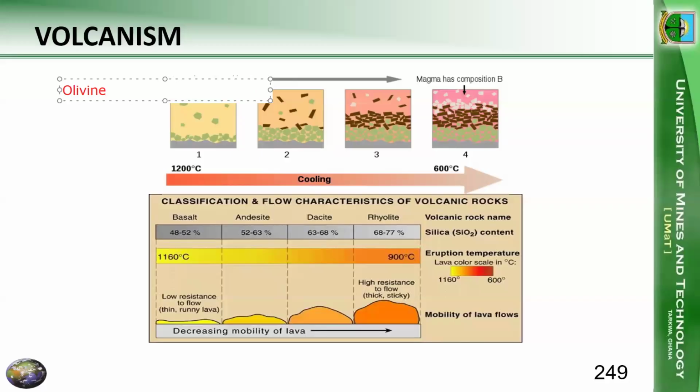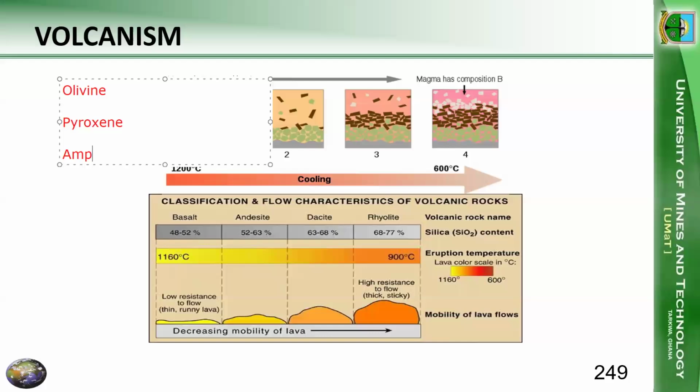So olivine forms at very high temperatures. After that, we'll have pyroxene forming, and then we are going to have amphibole. And as this continues, we are going to have biotite.